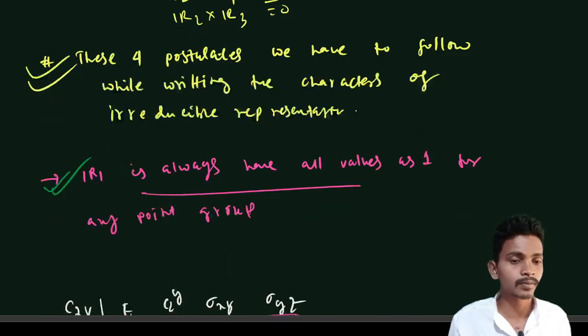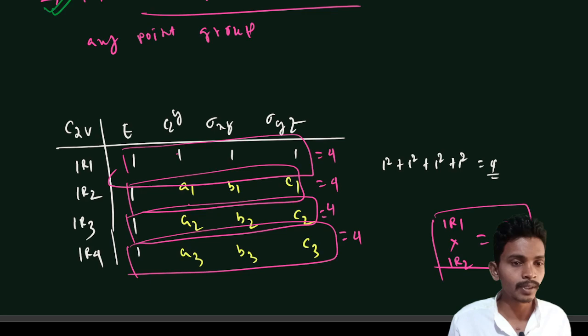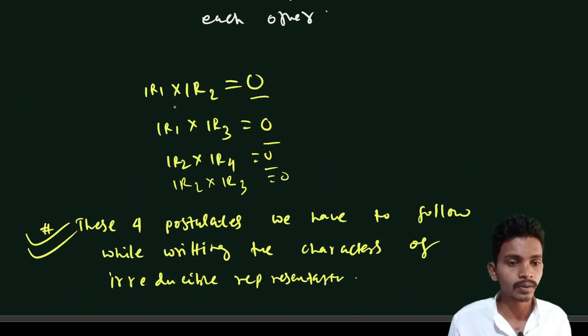So that's why if we multiply them, then we are getting 0.